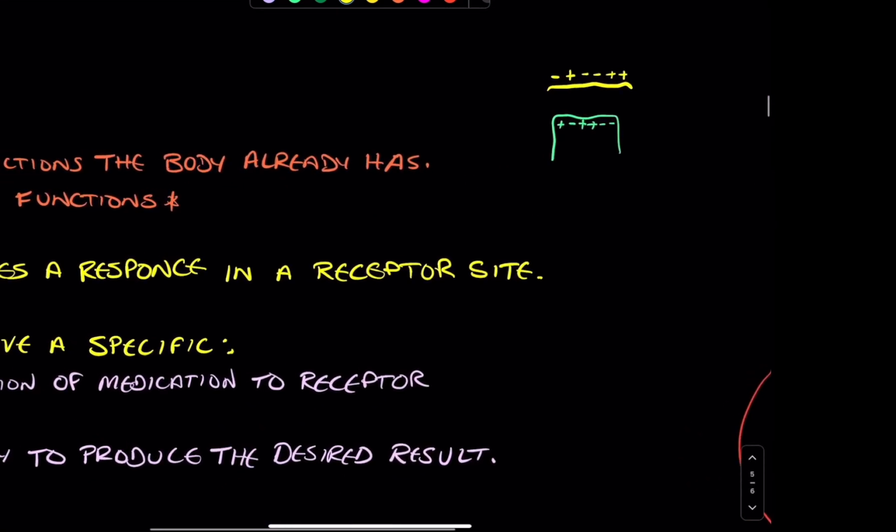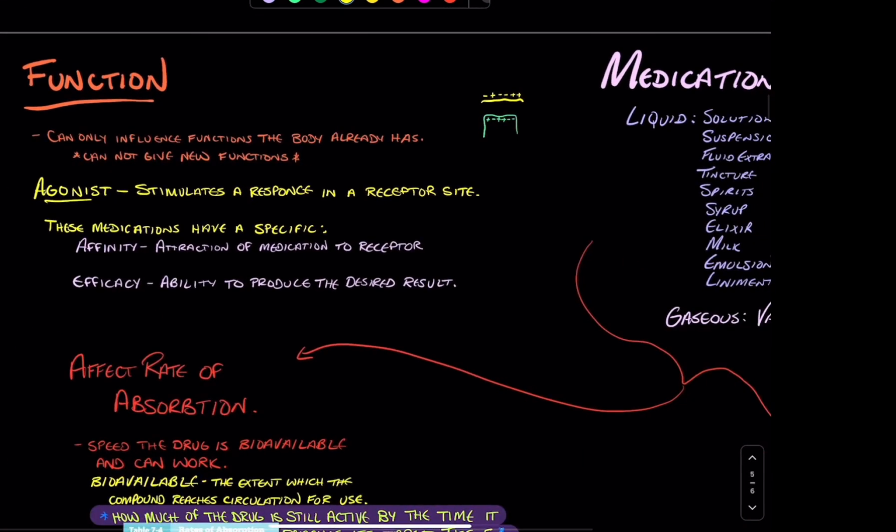So basically, a medication that has more of a suitable pairing to a receptor would have a higher affinity. And then efficacy is basically the ability for that medication to actually trigger that receptor or produce a result at that receptor site. So that's an increased efficacy.